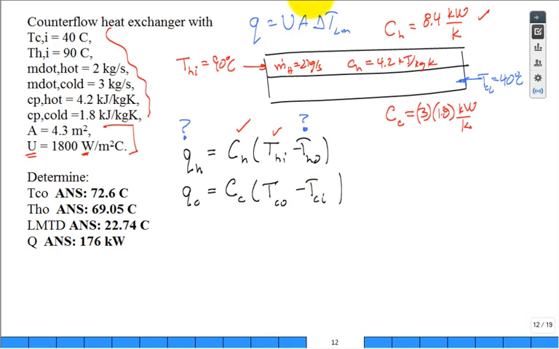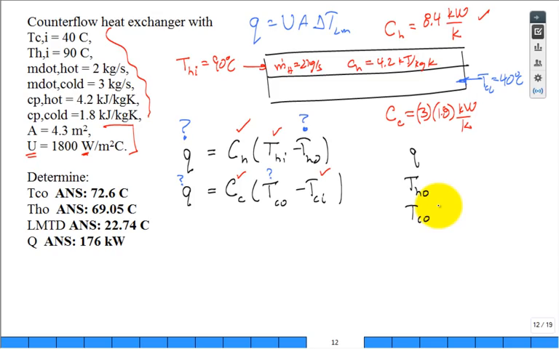But then I say, I know this one. I know the temperature cold in, but I don't know this one. But these 2 Q's are the same, so I'm not going to put a subscript on the Q's. I have 2 equations, but how many unknowns do I have? Well, I have Q as an unknown, temperature hot out as an unknown, and the temperature cold out as an unknown. So I've got 2 equations with 3 unknowns.